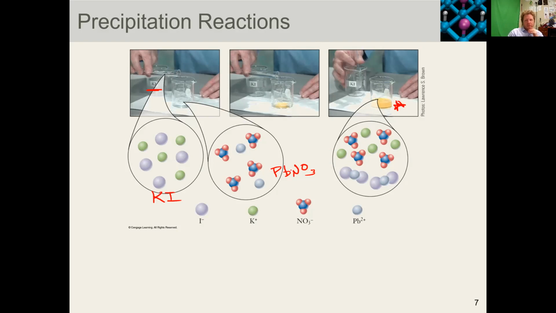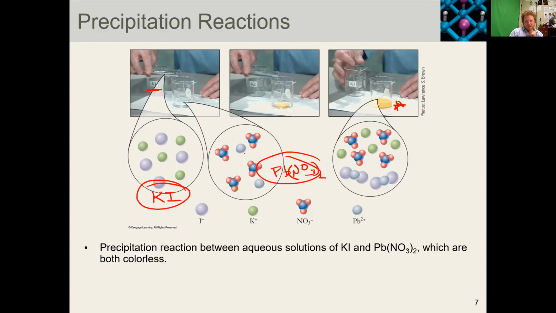Now, what is that solid? Well, there's a kind of formula for what's known as a precipitation reaction. You have an anion and a cation that don't form a solid, as we see with potassium iodide and lead nitrate. But when you mix them differently, these two different cations and anions interact.